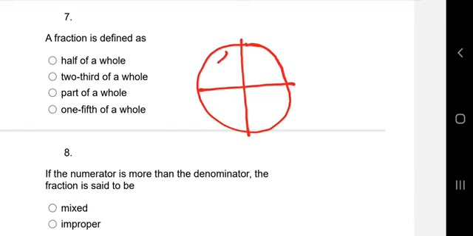If this shaded part is removed, that is 1 out of the 4 parts I have divided into. That is 1 out of 4. So it is a part of a whole. That is option C.